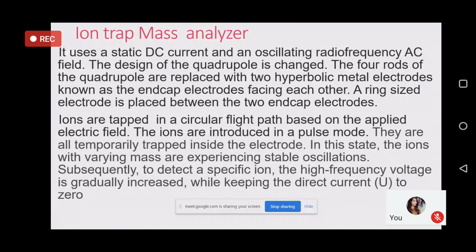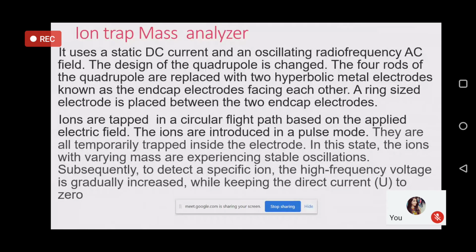The moment you change that, all the velocities will change. Different ions with different m by z values will now have a new set of velocities, because you have changed the applied voltage. But that is arranged in such a way that only one set of ions with an m by z value will not be able to move in that particular field, in that particular volume, and that's why they will come out.